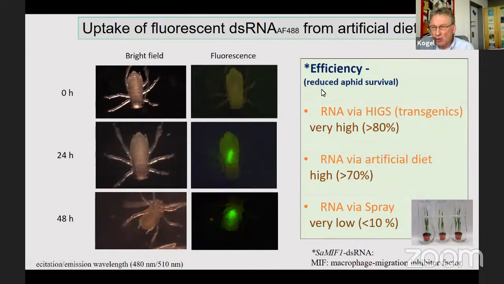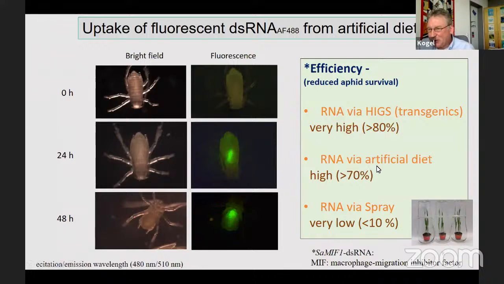I won't go into too much detail with insects, but the efficiency of this RNA treatment, this double-stranded RNA silencing genes in the insect, is very different depending on the strategy you apply. If you apply it via GMO plants, you have an efficiency of 80% on the survival.